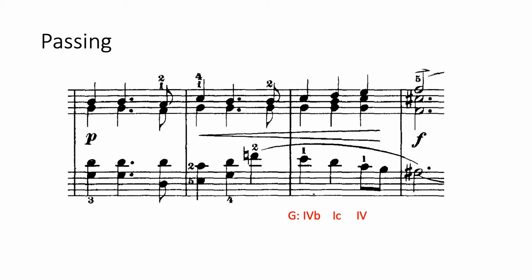We're going from 4B, 5, 1C, 4. So 4 in first inversion, chord 1C in the second inversion, and chord 4 in root position. So there we have it. There's an example of a passing second inversion chord. I think that's from the first piece of Tchaikovsky's Album for the Young.